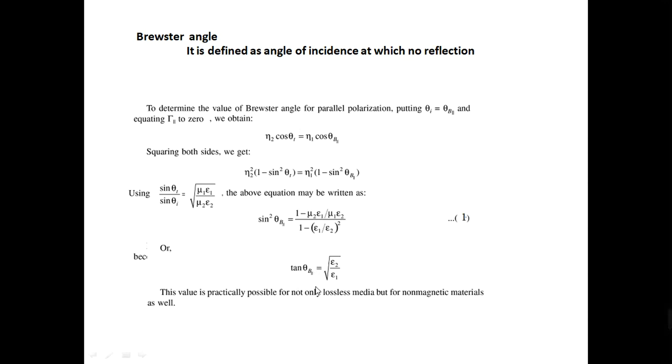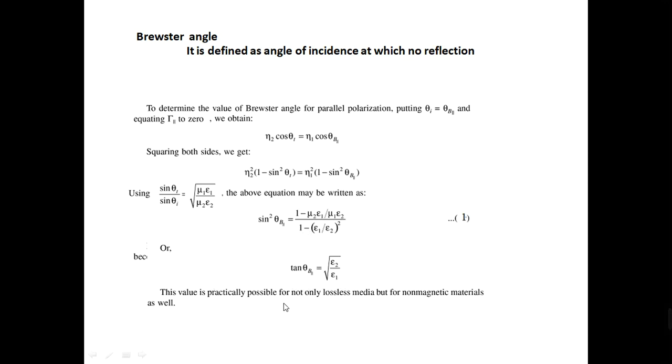You consider the reflection coefficient expression for parallel polarization, equate it to 0 and substitute theta is equal to theta b. On simplification, you get the Brewster angle: tan theta b is equal to root of epsilon 2 by epsilon 1. This is the Brewster angle you obtain when no reflection takes place in parallel polarization.